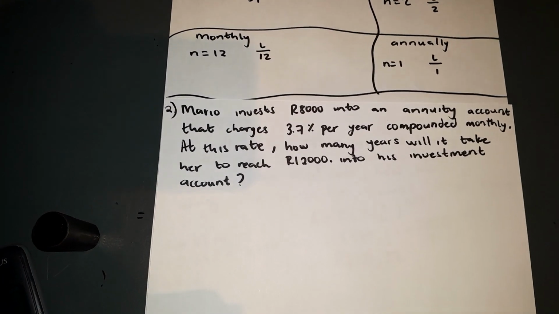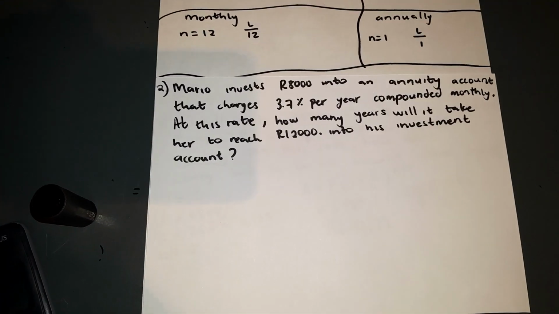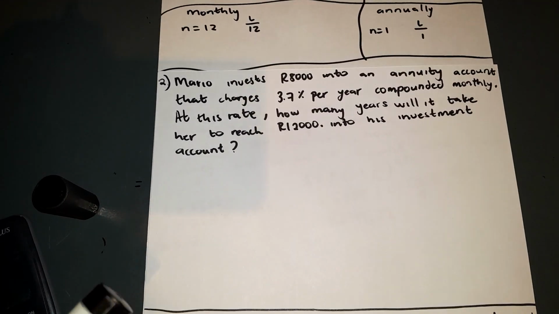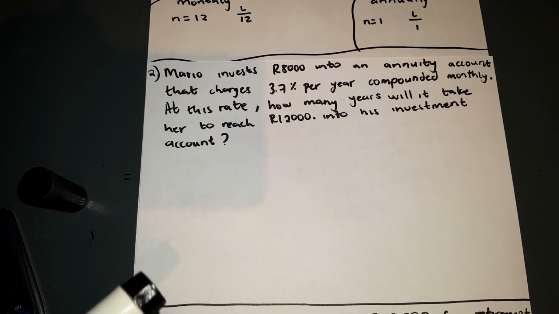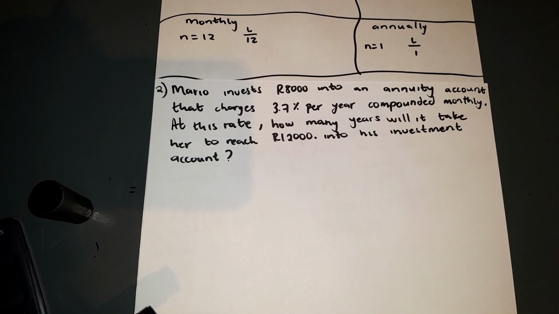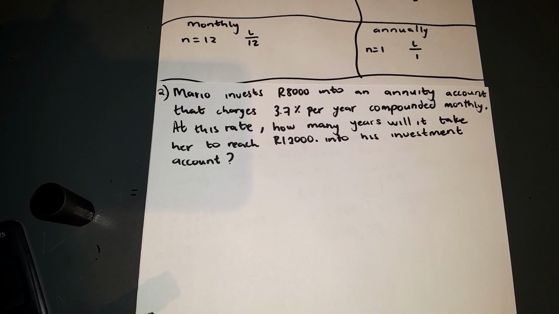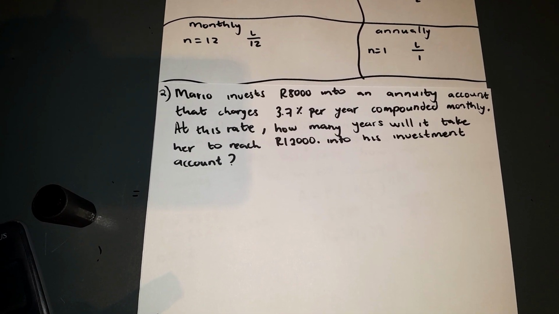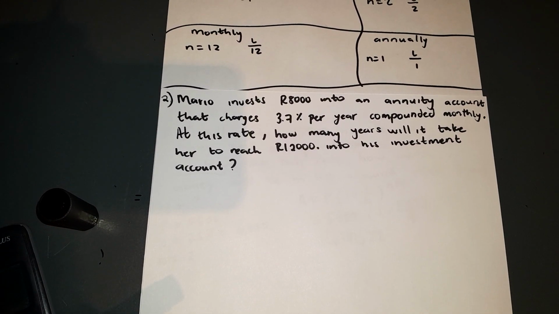So our second question says, Mario invests 8,000 into his annuity account that charges 3.7% per year compounded monthly.